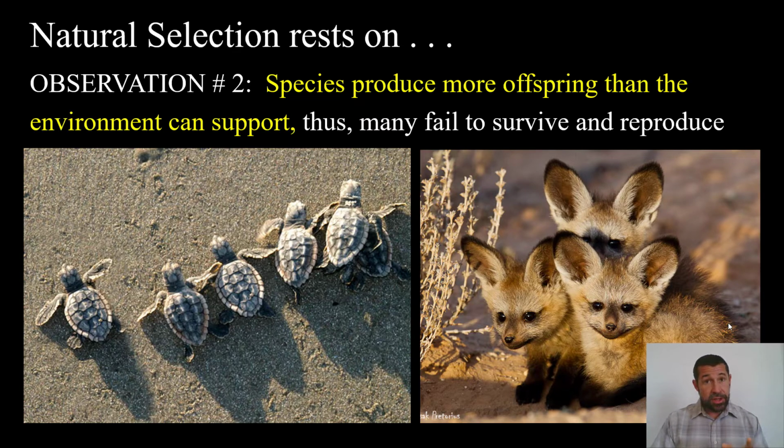The second irrefutable observation that Darwin makes about the natural world is that females produce more offspring than the environment can support. In short, females over-reproduce. Consider the clutch of hundreds of eggs from a single maternal sea turtle.